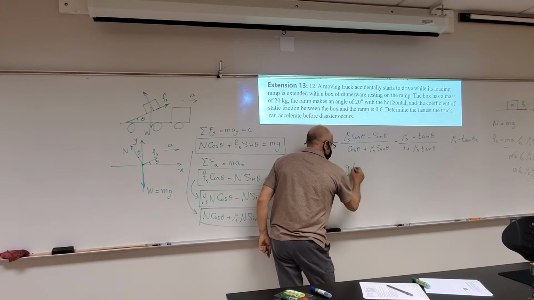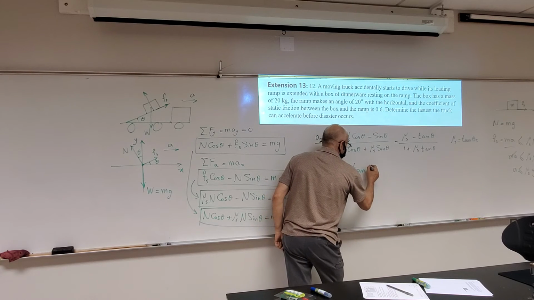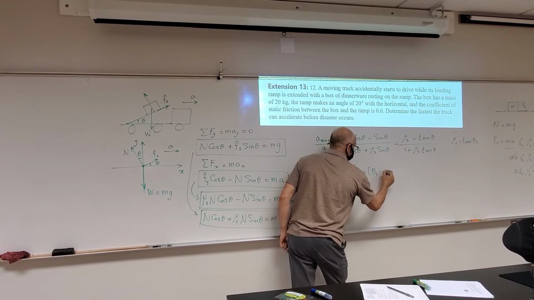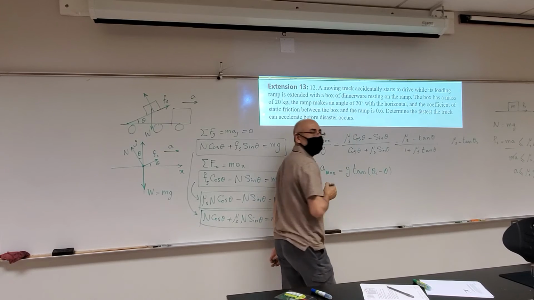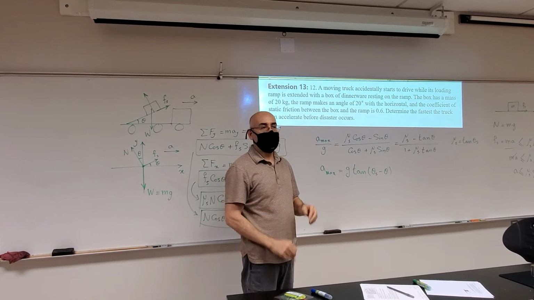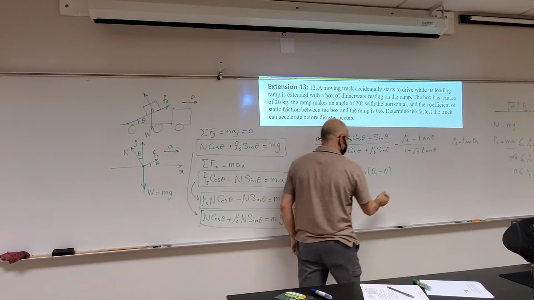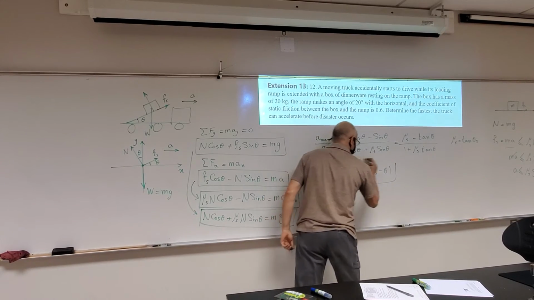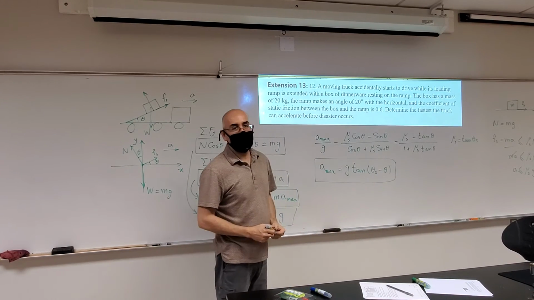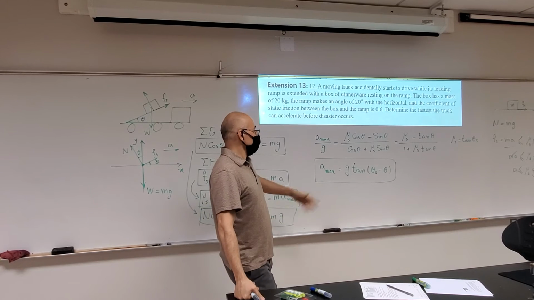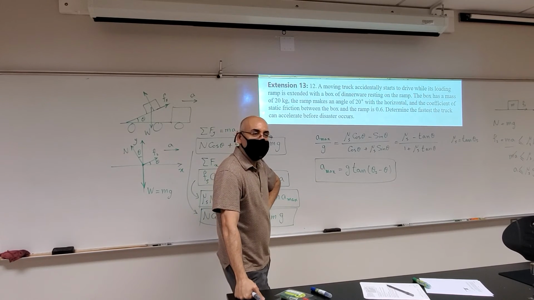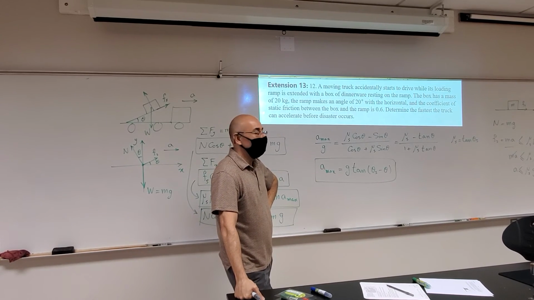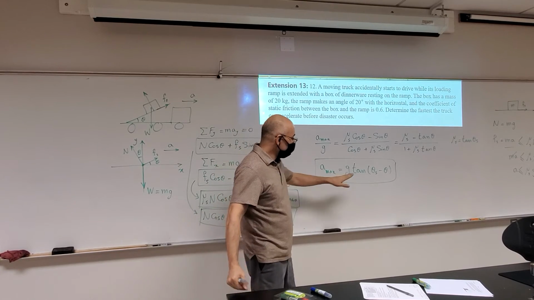It becomes tan of theta s minus theta. Isn't that pretty? This is the first time I do a problem like this. I never saw this problem before. So, what does that mean?